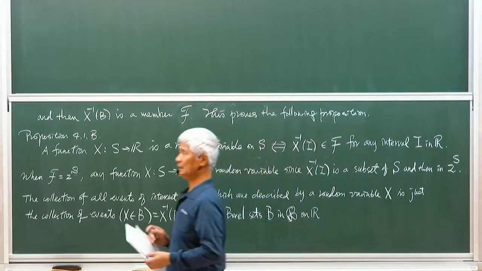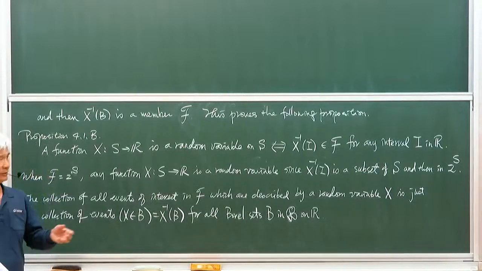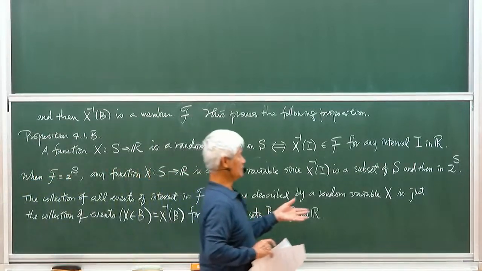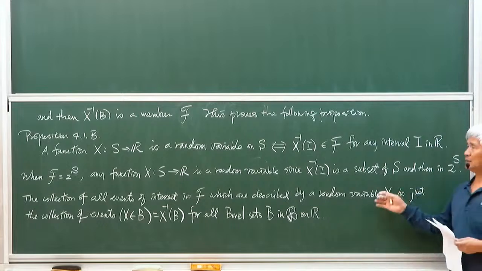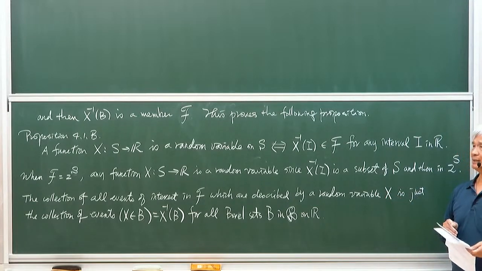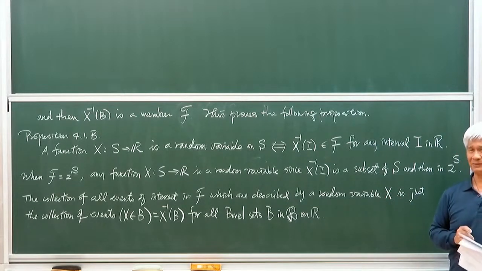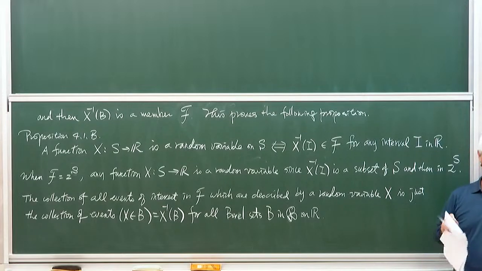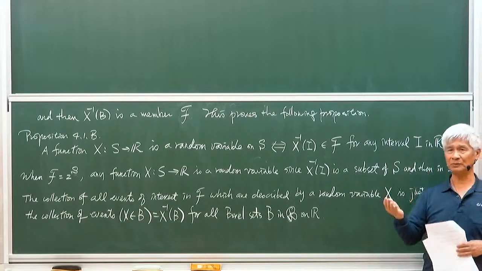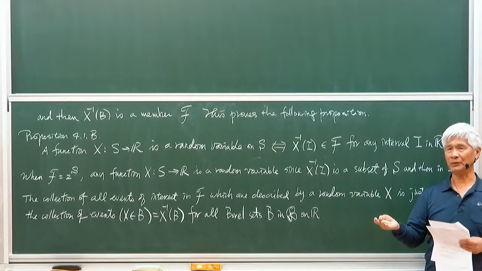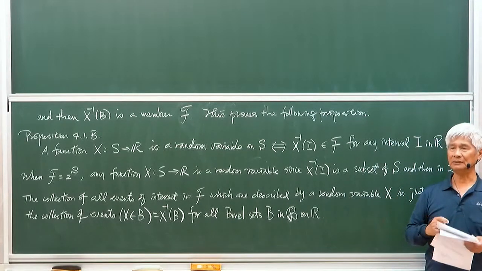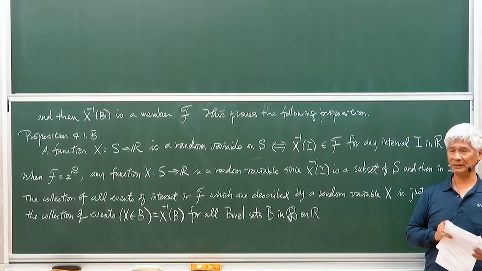For example, from the gender you cannot talk about a female in the EE department, right? Because there is no information about the department, unless you use another measurement called Y. All right, so Y is a random variable which describes the department of a student.